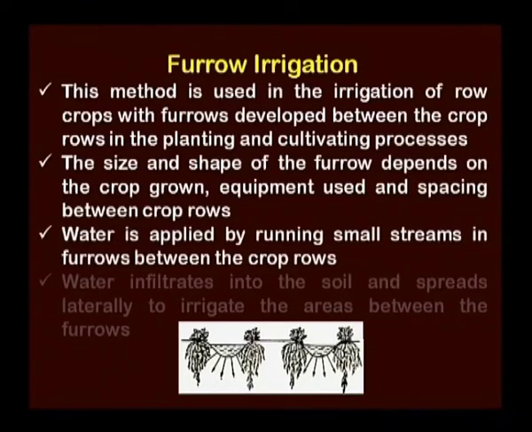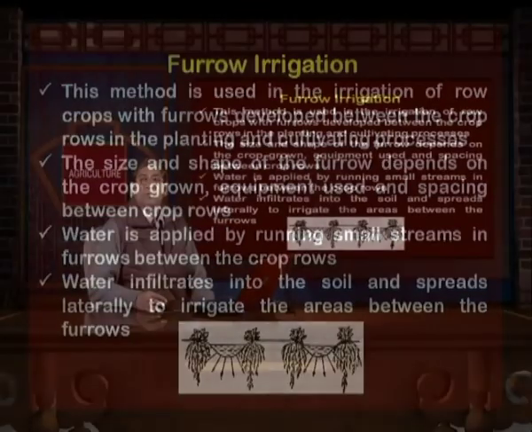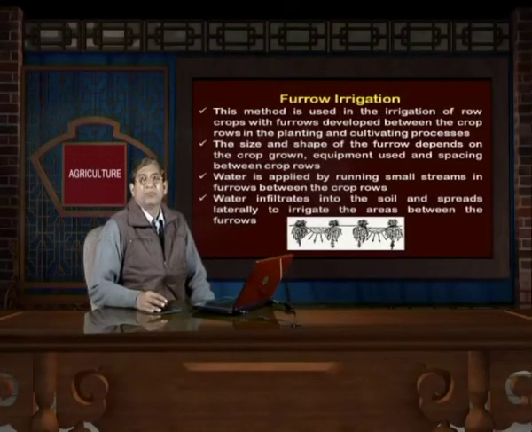Water is applied by running small streams in furrows between the crop rows. Water infiltrates into the soil and spreads laterally to irrigate the areas between the furrows. Furrow irrigation can save water to the extent of 18 to 25%.